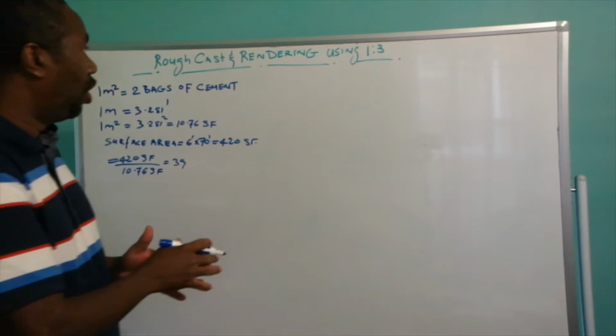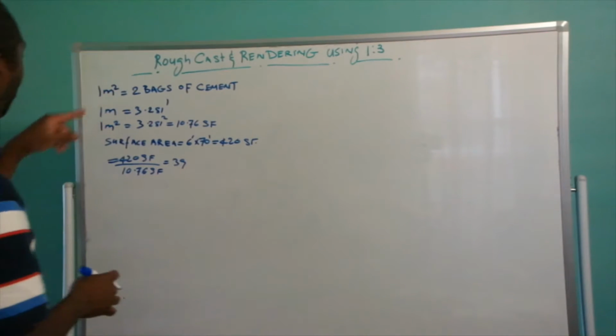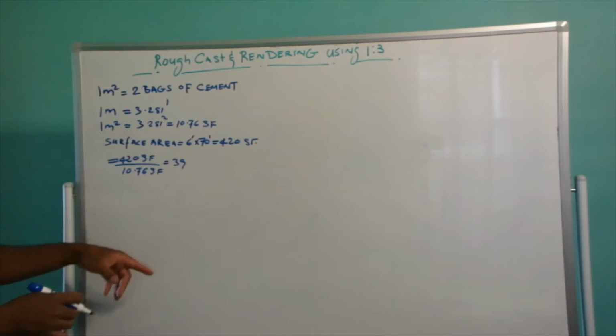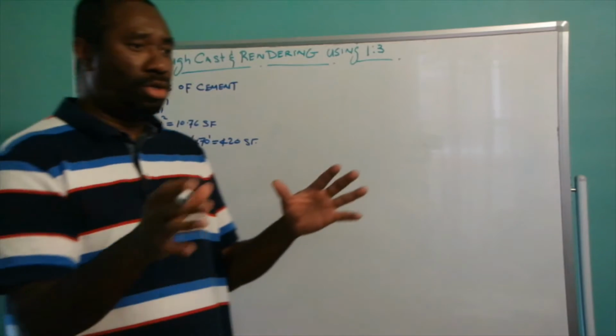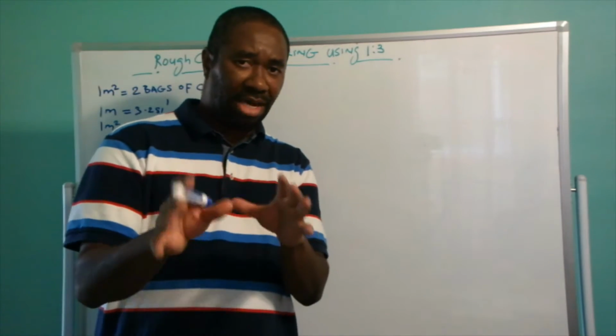39 times. Now we know that 1 meter square, which is equivalent to 10.76 square feet, we are going to need 2 bags of cement.